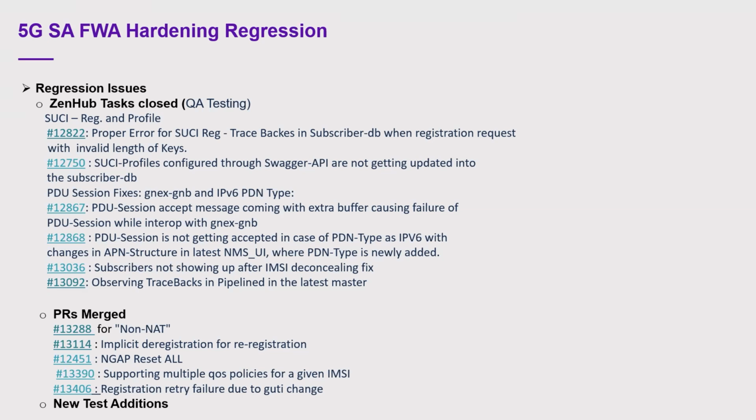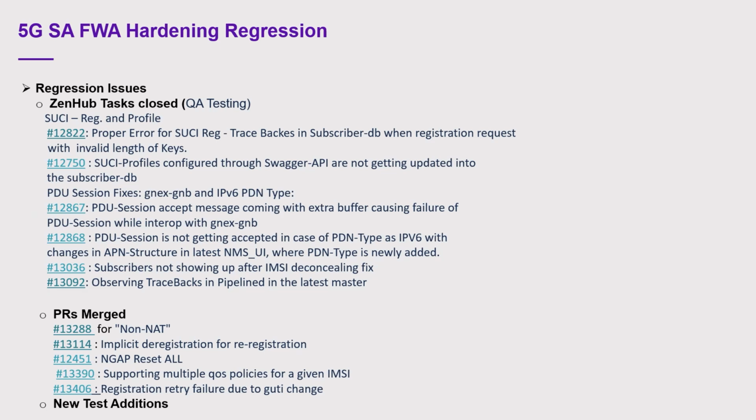That is fixed. The next one, SUCI profile configured through Swagger API, was not getting populated into the database. Those issues are fixed. The next set of issues is related to PDU session. One issue is with the GenX gNodeB, and one is with the IPv6 PDN type.